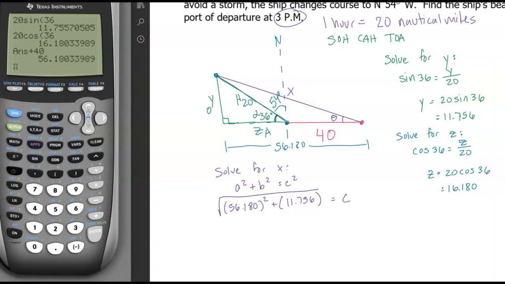So I have the square root of, and I'm going to go up and get the 56 value, and parentheses, square it, plus parentheses, scroll up and get the y value, enter to bring it down, and square it. And I get 57.397 is our x.